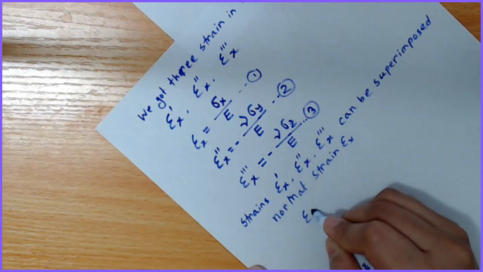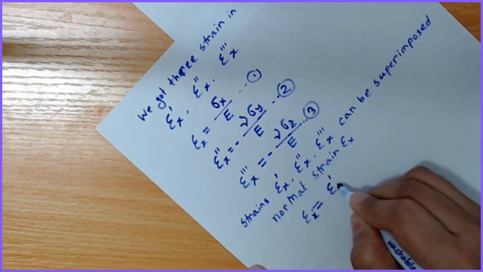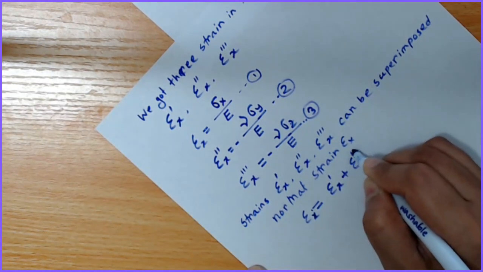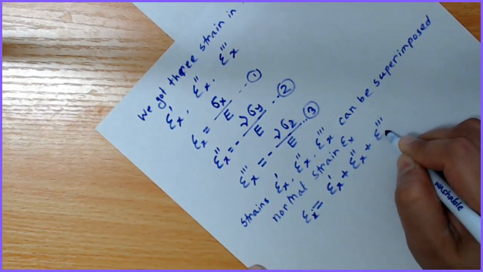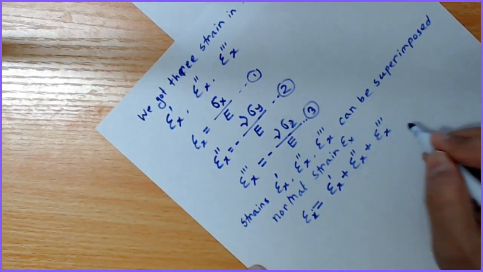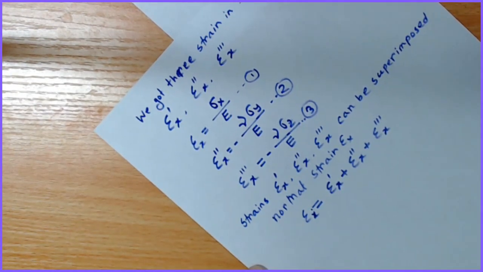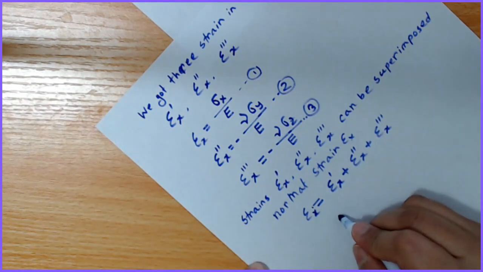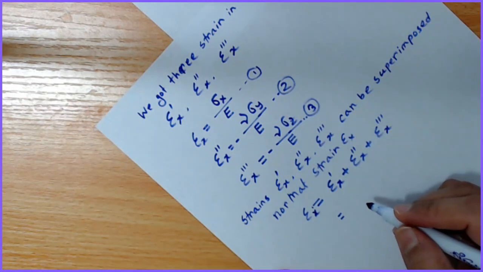So epsilon x equal to epsilon x prime plus epsilon double prime x plus epsilon triple prime x. That means we are going to add equations 1, 2 and 3.